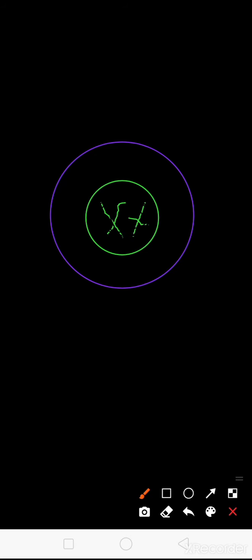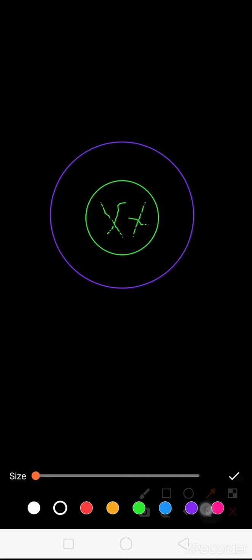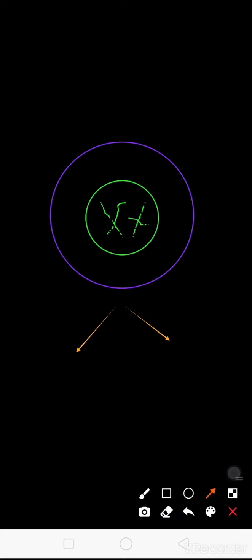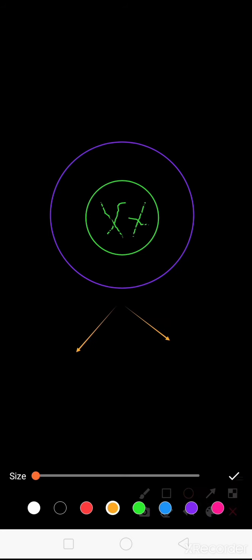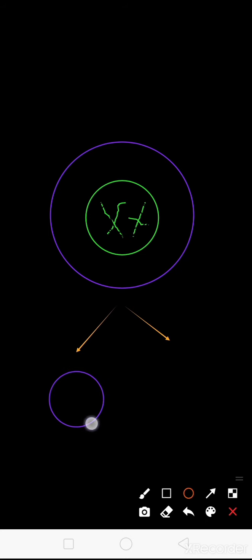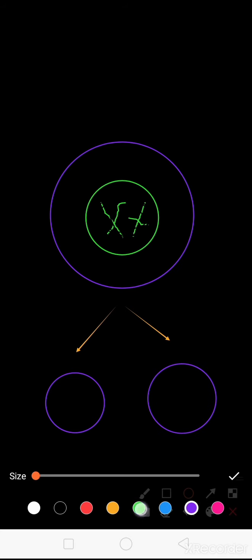So now let us see how meiosis 1 takes place. In meiosis 1, this will give rise to two secondary spermatocytes having their nucleus.